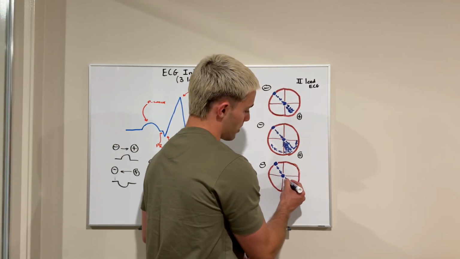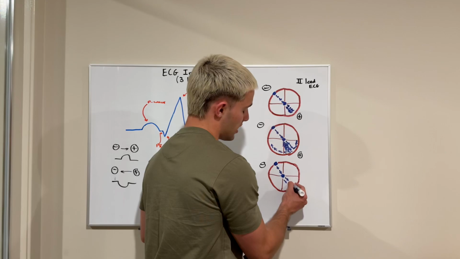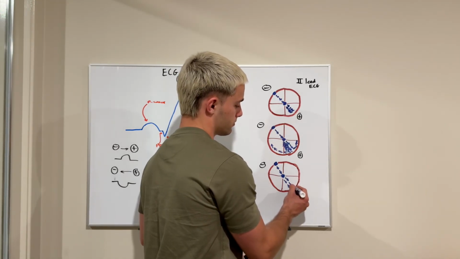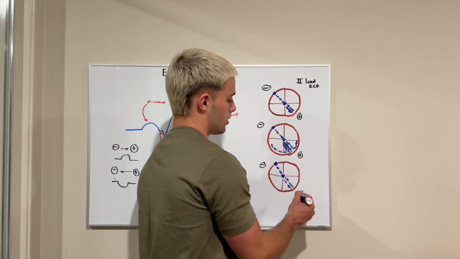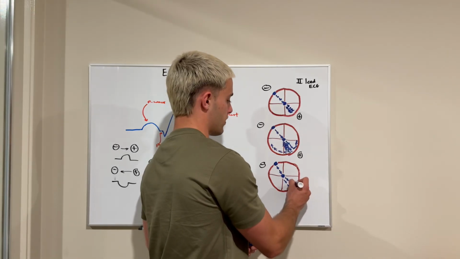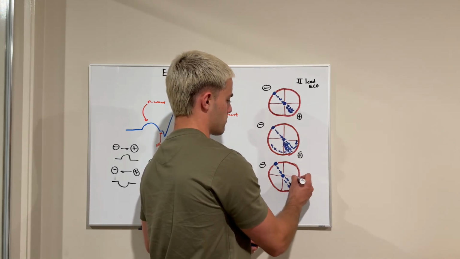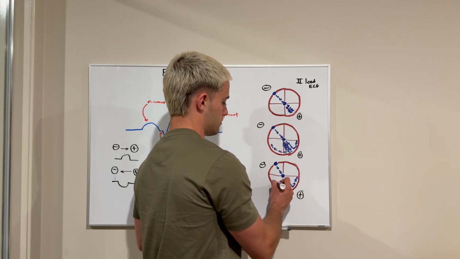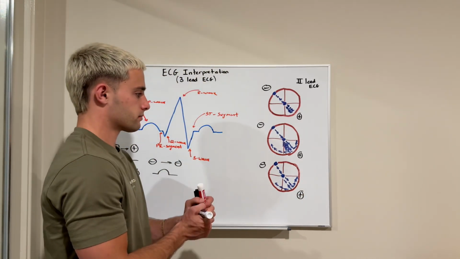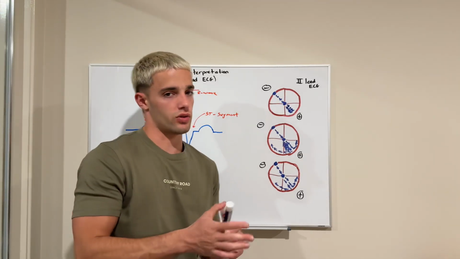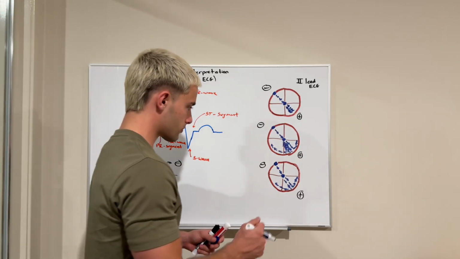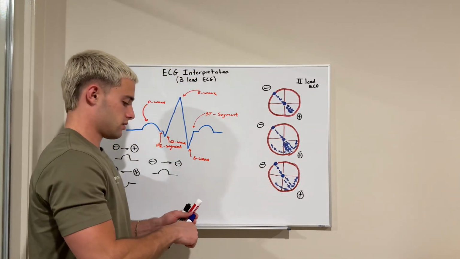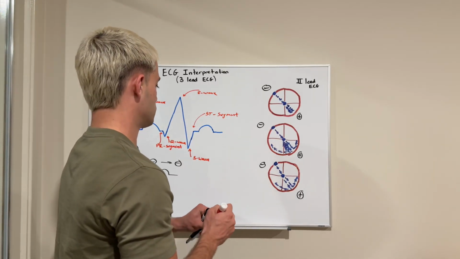Then they get sent through the bundle of His, through the intraventricular septum, then up through the ventricular myocardium, then everything's done, everything's depolarized. So now what we get is the T wave.